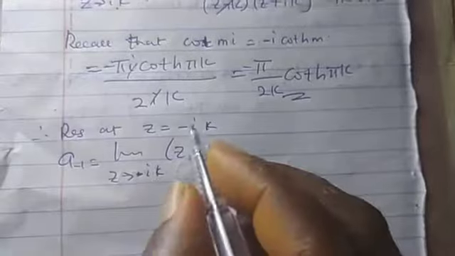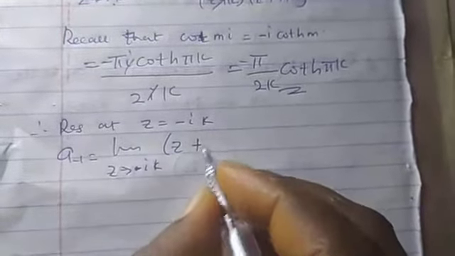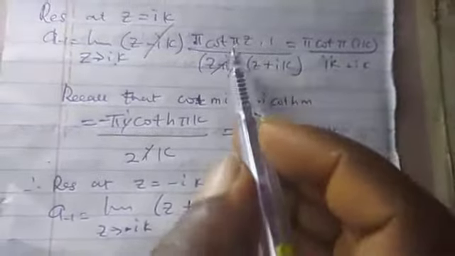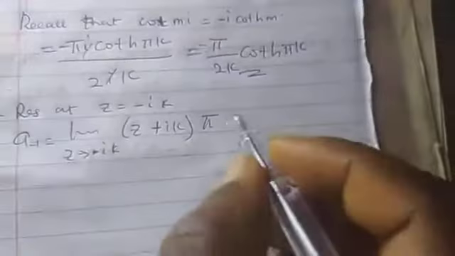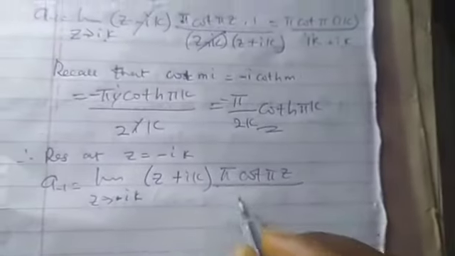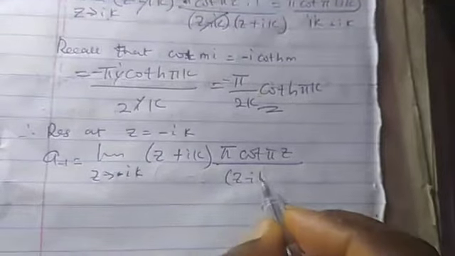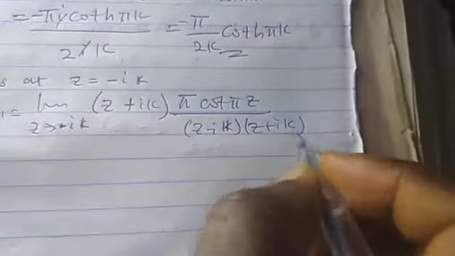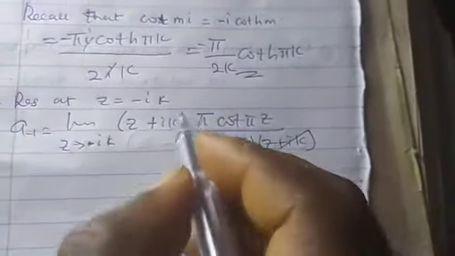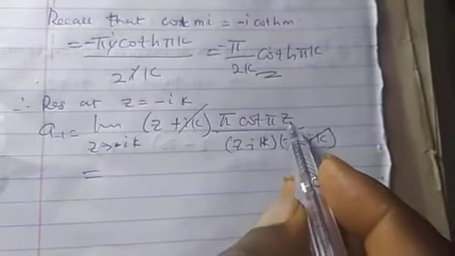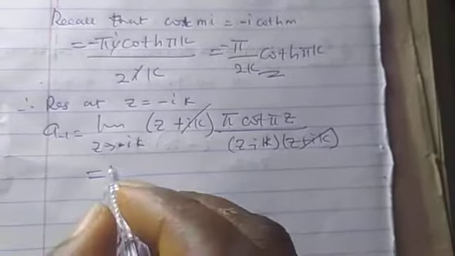So we can now come back to this. Since our z naught is minus ik, this will become plus. Then times pi, we still apply this: pi cot pi z over z minus ik into z plus ik. From this way, z plus ik cancels. We substitute z to be minus ik.